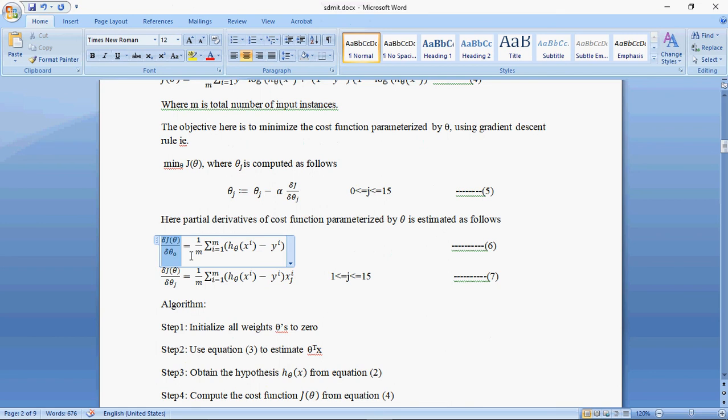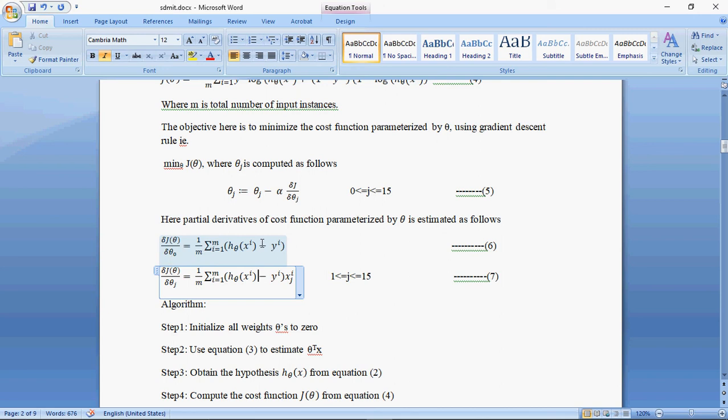You need calculus here. You will be using a lot of mathematics to derive the gradients, which you can refer to; I have already given you a documentation from where you can figure out how to estimate these two quantities. The first one is the gradient of the cost function with respect to theta naught.